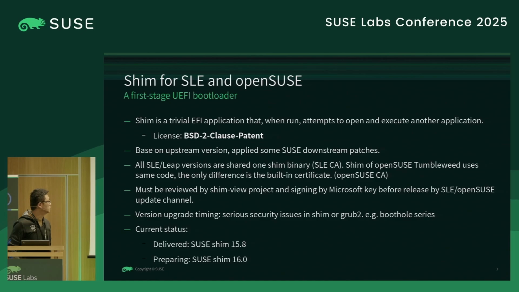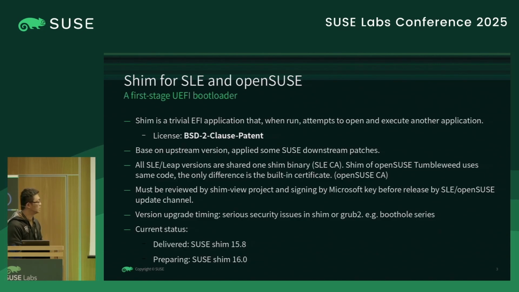I will introduce the process later. The timing of the version upgrade is not always to upgrade to the newest, because there's some risk. So we will co-work with the security team to find out the timing for when we want to upgrade the Shim.